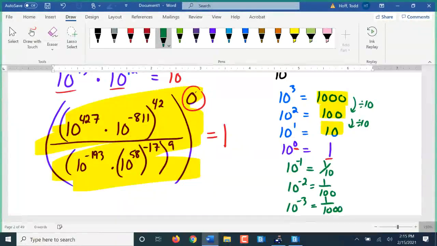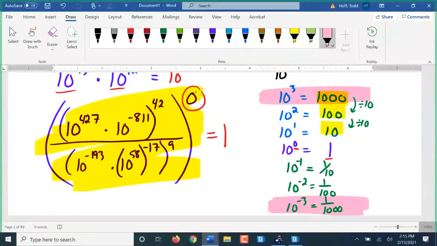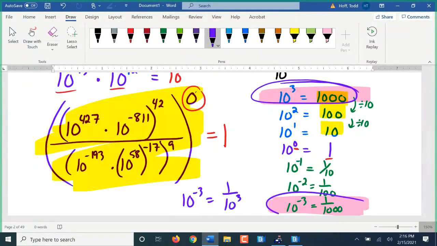And we see a link here between 10 to the third and 10 to the negative third. They're just reciprocals. 10 to the power of negative 3 is simply 1 over 10 to the power of positive 3. 10 to the third is 1,000. 10 to the negative third is 1 over 1,000. That really is what reciprocals are.